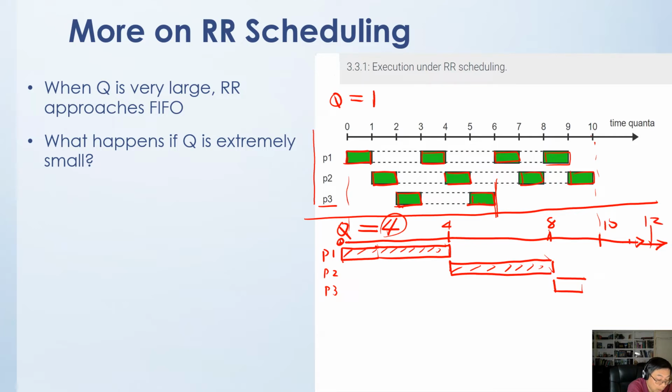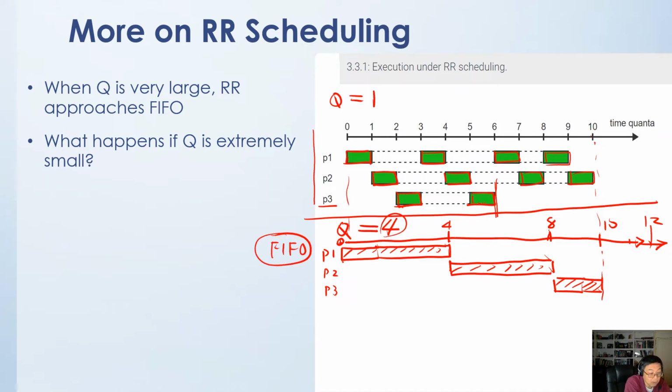Because P3 can run 1 time quantum. Now, because P3 is smaller than 1 time quantum, P3 actually terminates at 10. And then P1 has done its job, P2 has done its job. Now, what does this diagram look like? It just looks like the FIFO, right?